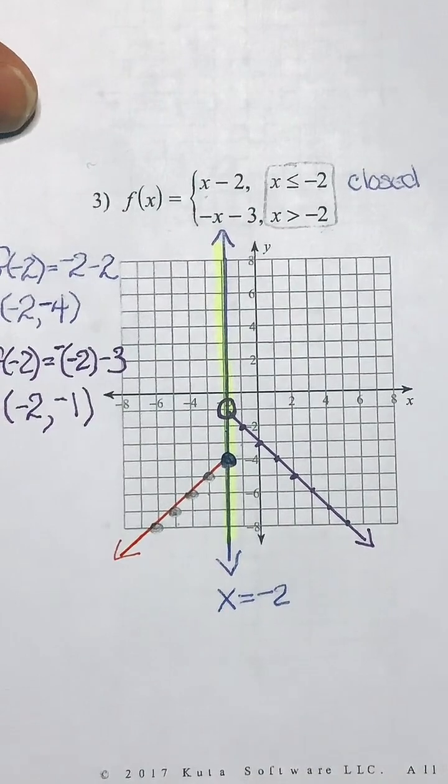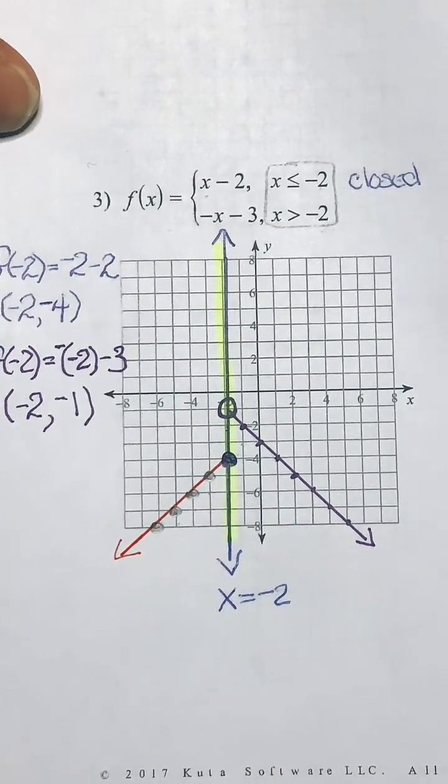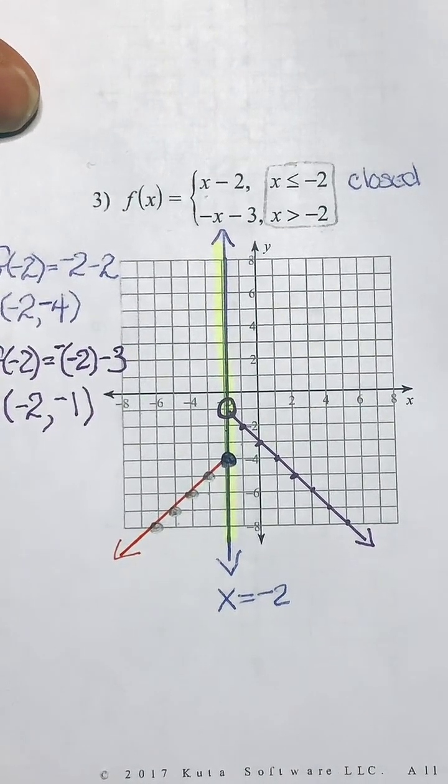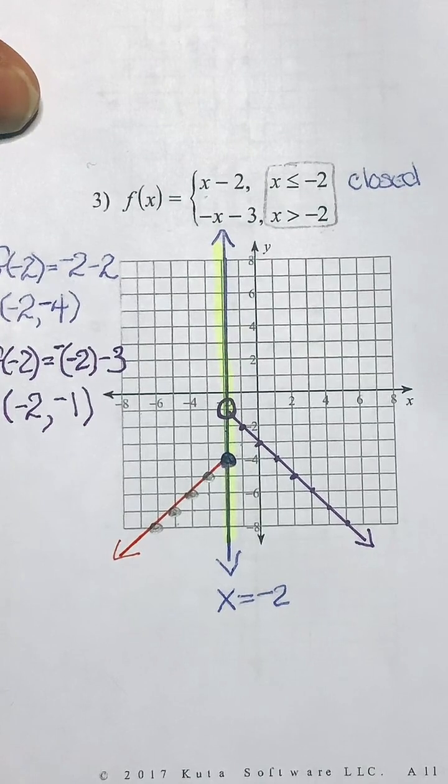I did this. Yes, you did. Okay, college algebra here. Wait, are you in college algebra? Yes. Yeah, 110. Okay, I did this. What grade level is this?